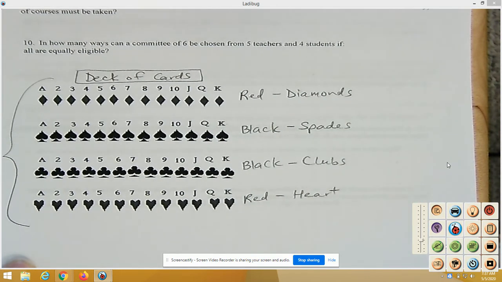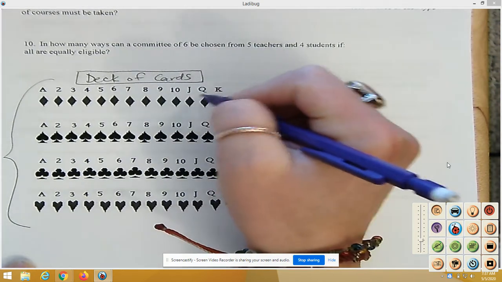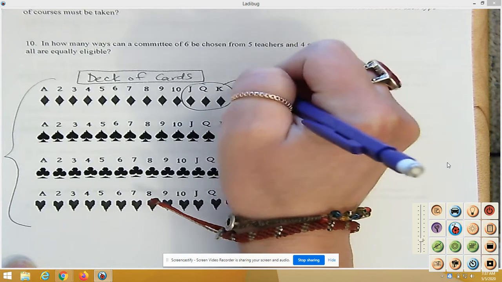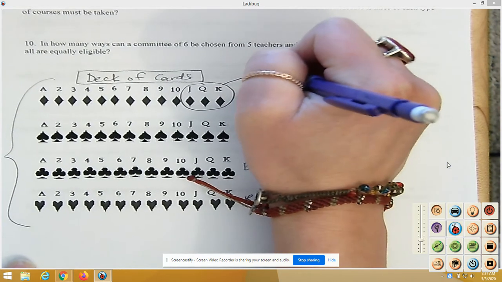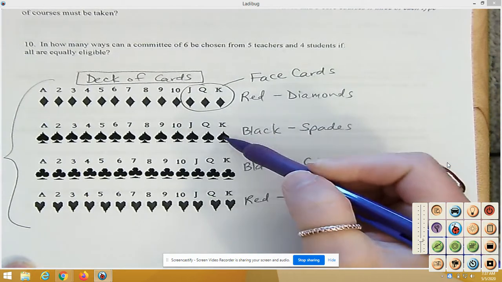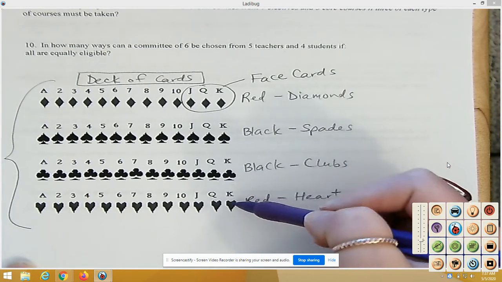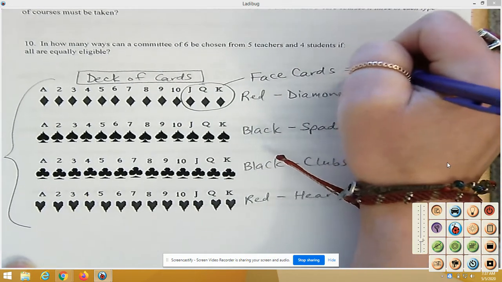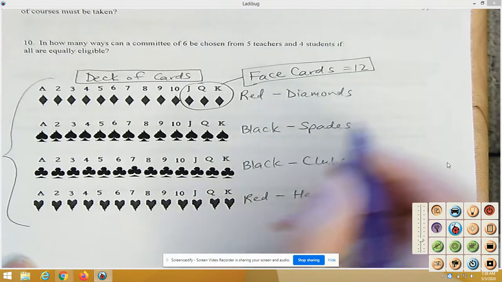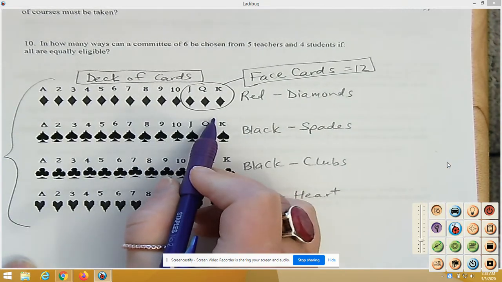Okay? And then an ace does not have a face. However, a jack, a queen, and a king do. So these are your face cards in each suit. So there are 3, 6, 9, 12 face cards in a deck. Each suit has 13 cards.